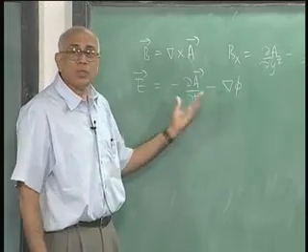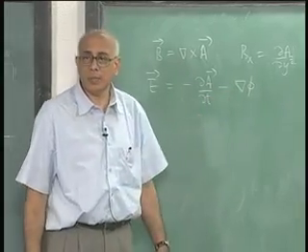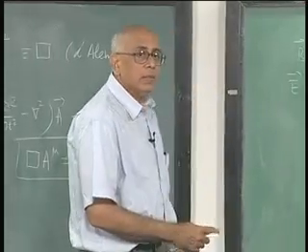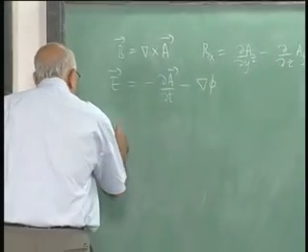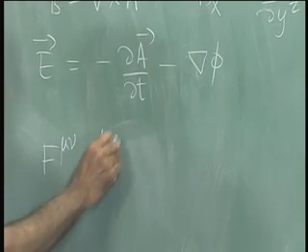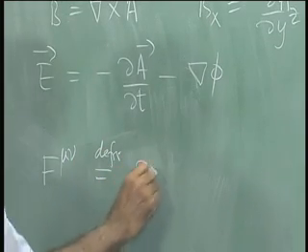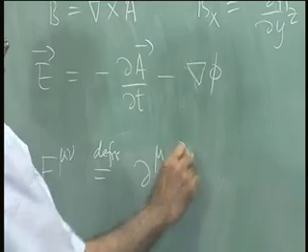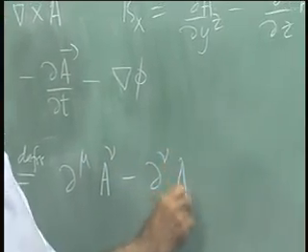So it suggests this is also like a curl, it is mixing things up, and indeed what you can do is to define a tensor F mu nu as del mu A nu minus del nu A mu.